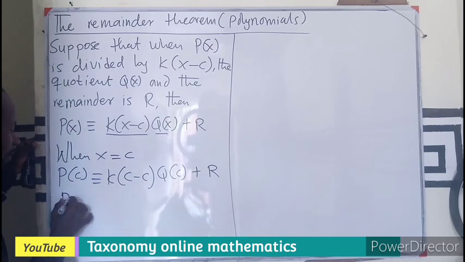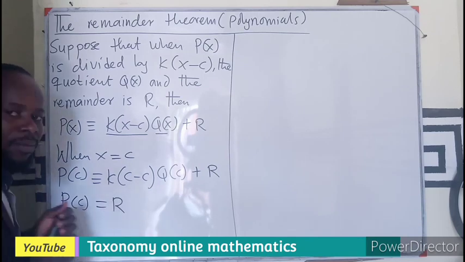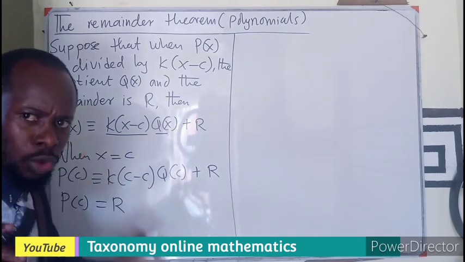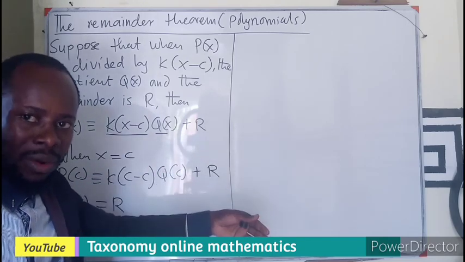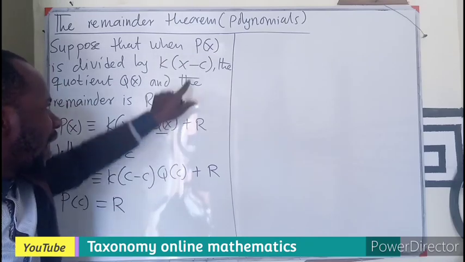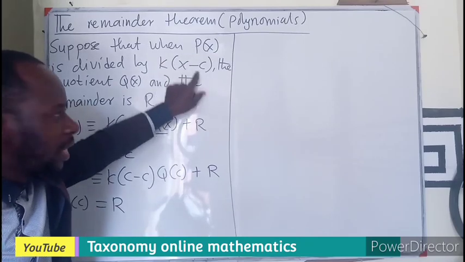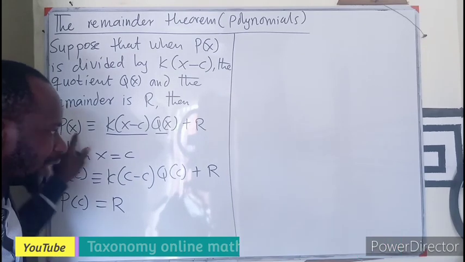And that will mean that p of c will be equal to what? R. So simply put, if you are asked to find the remainder of any polynomial by a linear function, you can find the zero of that linear function and put the value into your polynomial, and that will give you the remainder.